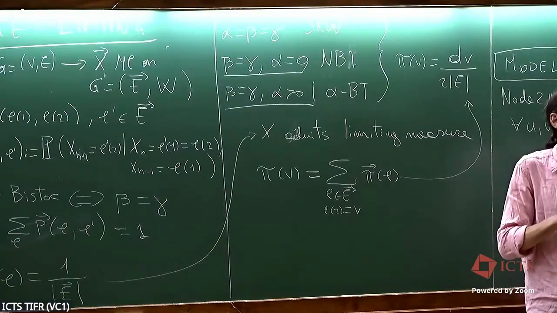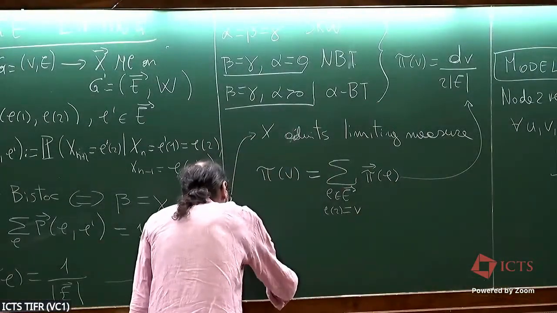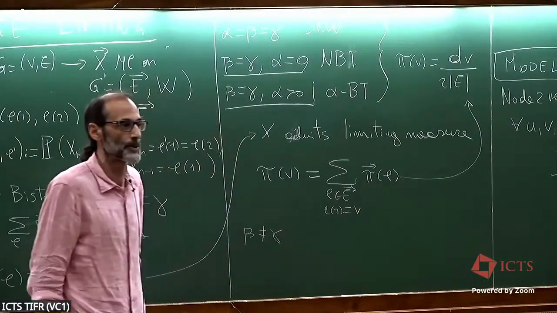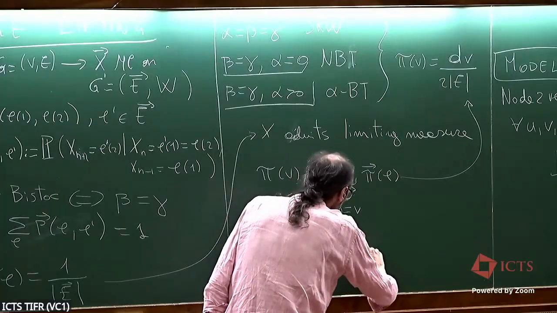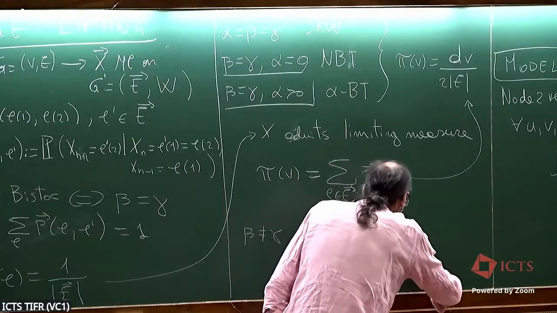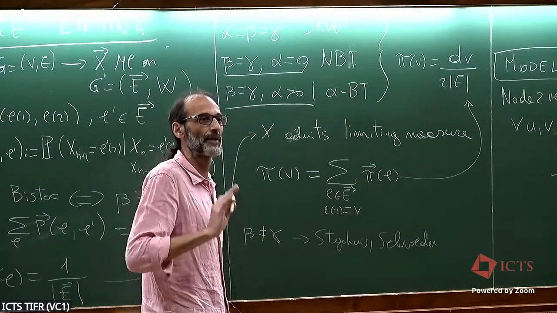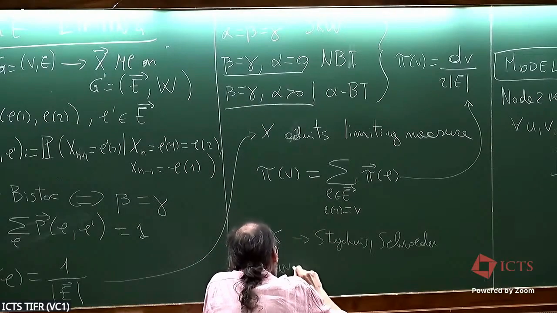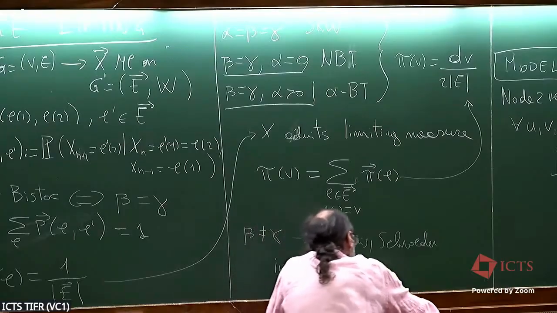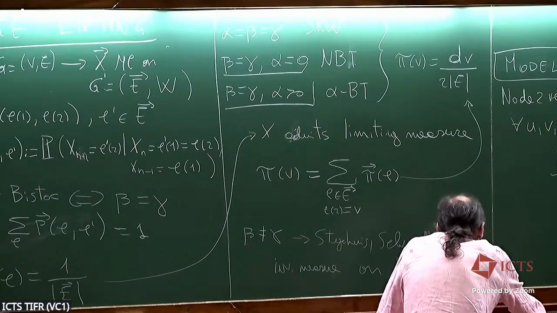So what is known when beta is different from gamma? As far as I know, there is only one little result, due to Clara and Lars, who last year characterized the invariant measure, but on a very special geometry: the invariant measure on the household model with cliques.